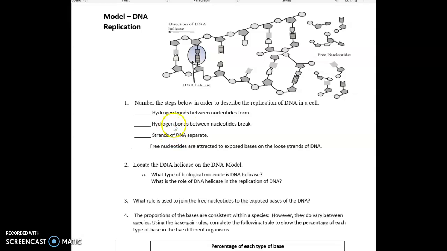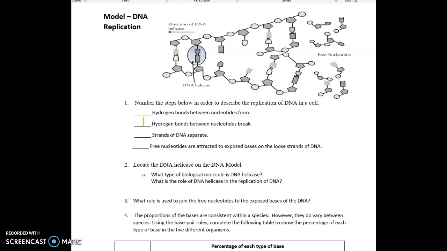No. Hydrogen bonds between nucleotides break. Strands of the DNA separate. Free nucleotides are attracted to the exposed bases. So the very first step here we're looking at is right here, number 1. Hydrogen bonds between nucleotides break. That is your helicase. So we know we're looking at number 1 here.